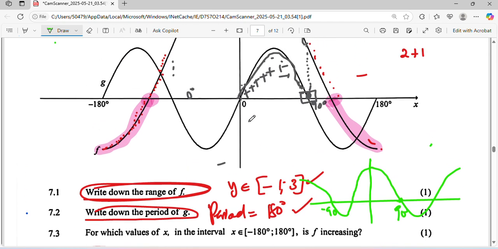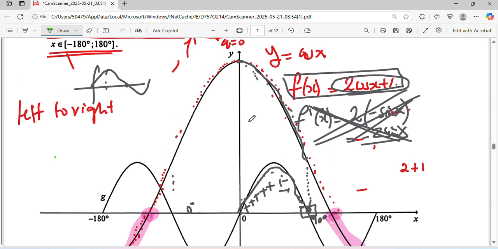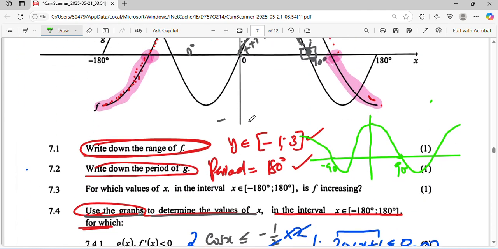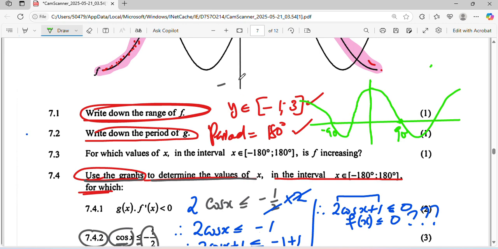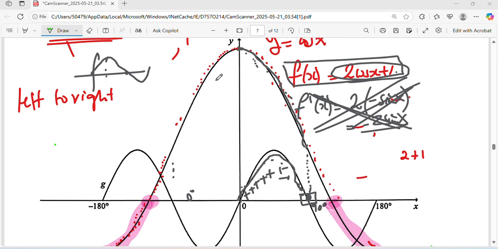Okay, but the problem is now, let's see. You can do it this way. You can go to the side where you do your workings, and take this equation, 2 cos x plus 1 equals 0, and try to see what x should be there.